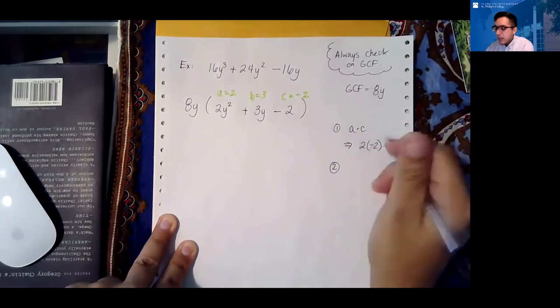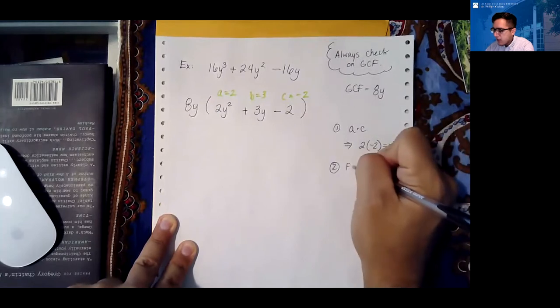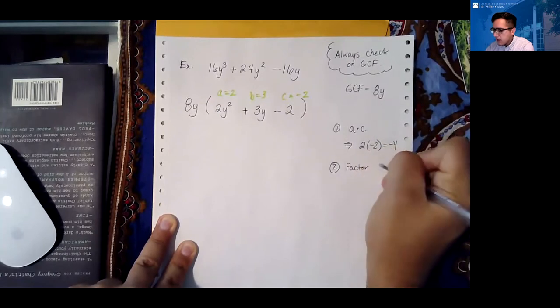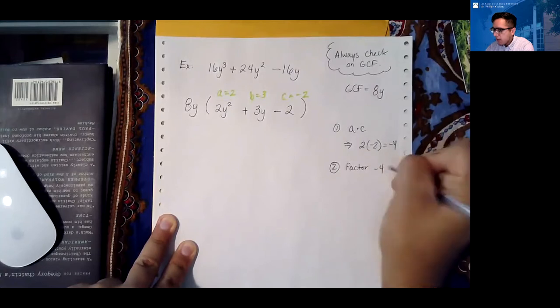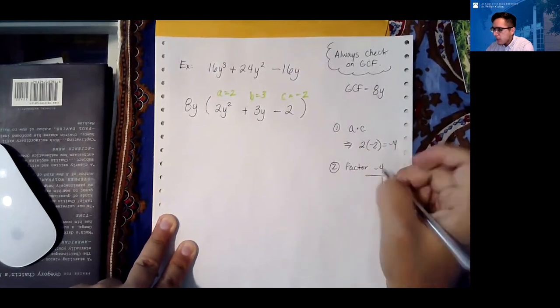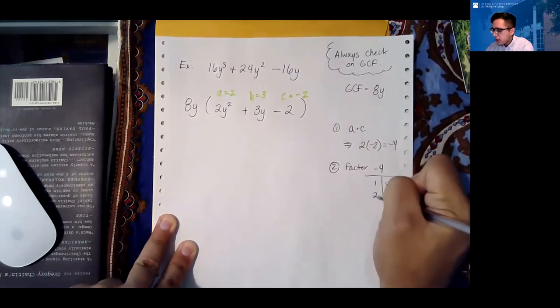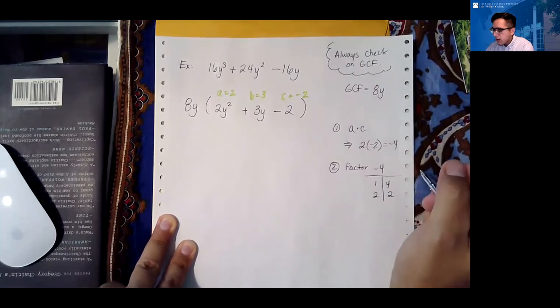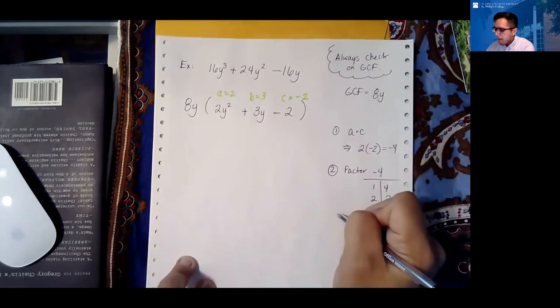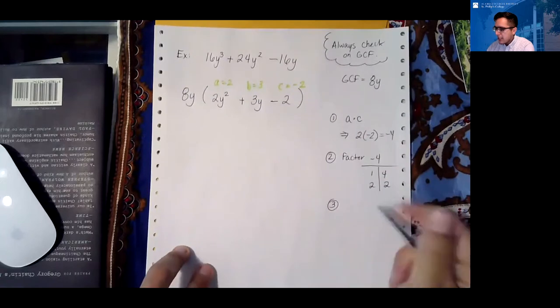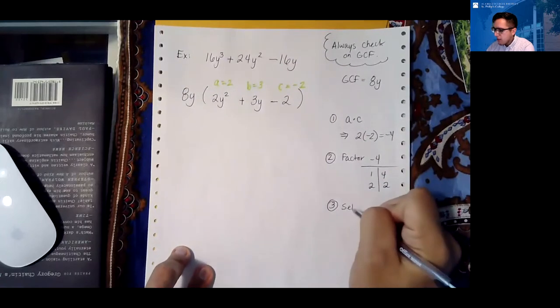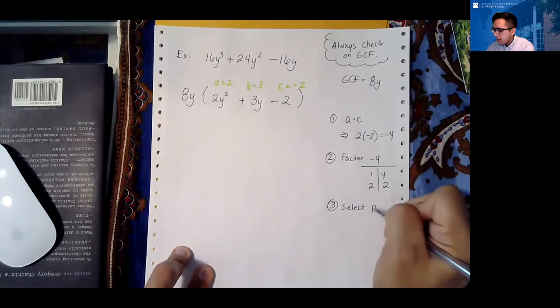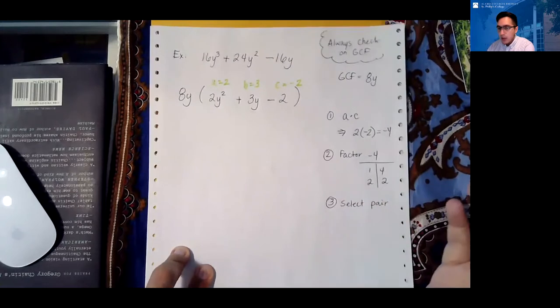The second step is to make that factor t-chart. So factor -4. And the factors of -4 are simply 1 and 4 and 2 and 2. So we need to select the pair that meets the following criteria.